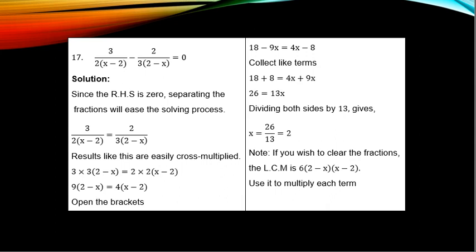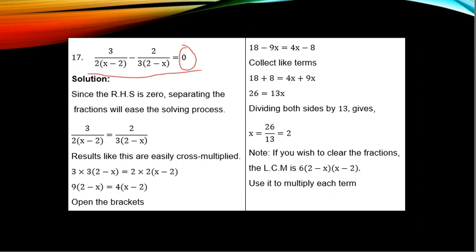Example 17. Solve for s in the equation 3 over 2 bracket s minus 2 bracket close, minus 2 over 3 bracket 2 minus s bracket close, equal to 0. In this kind of equation in fractional form, the right hand side is 0.